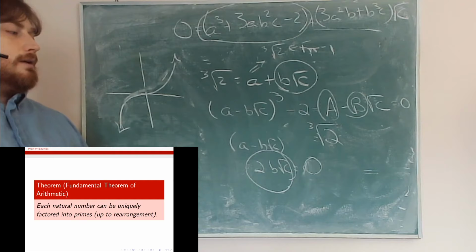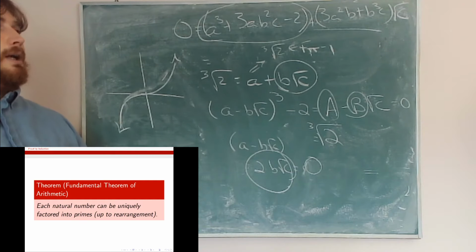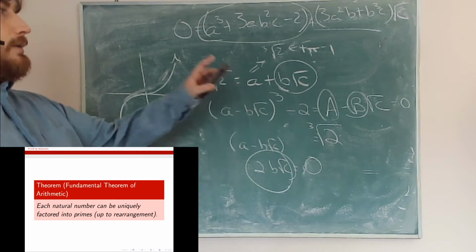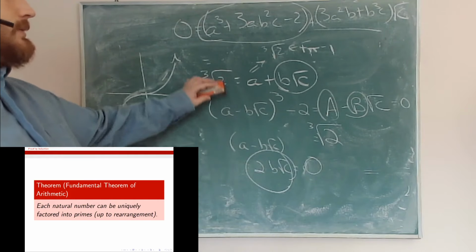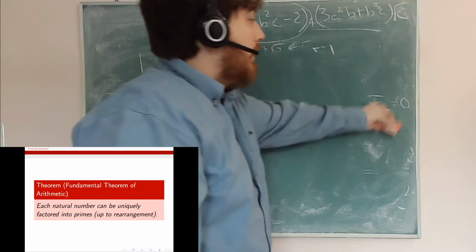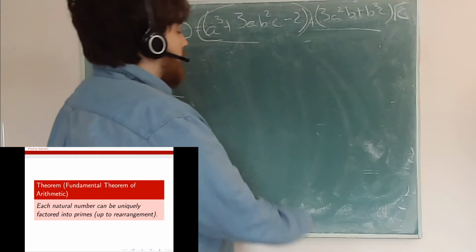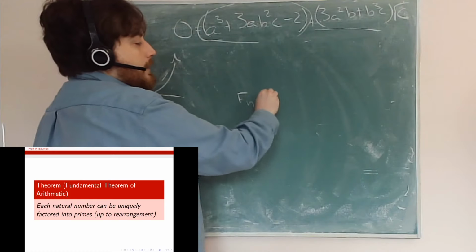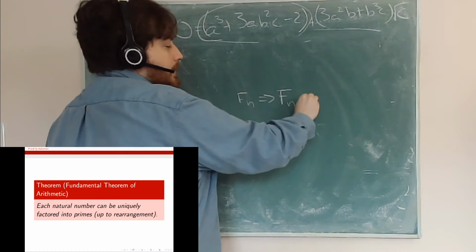All right. So now let's recap. We knew that the cube root of 2 is not rational. So if it was constructible, it had to be in F sub n for some n. However, what I've just proved is that if it's in F sub n, that implies that it's in F sub n minus 1.